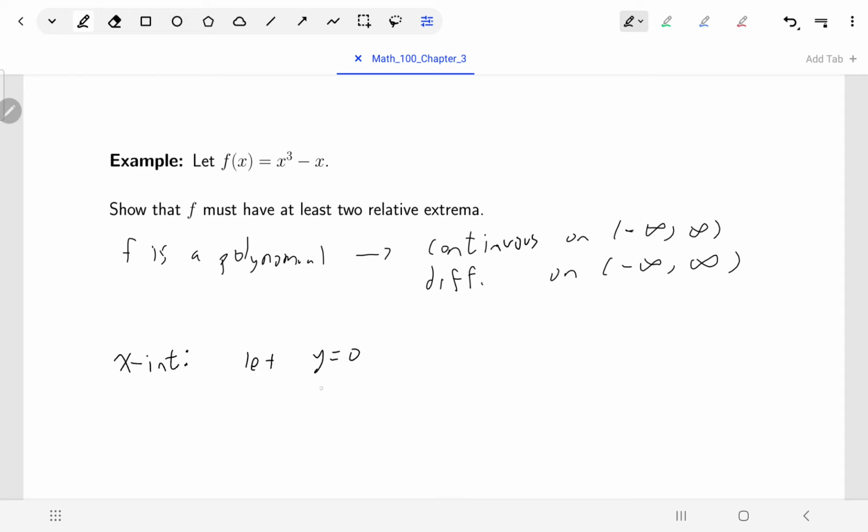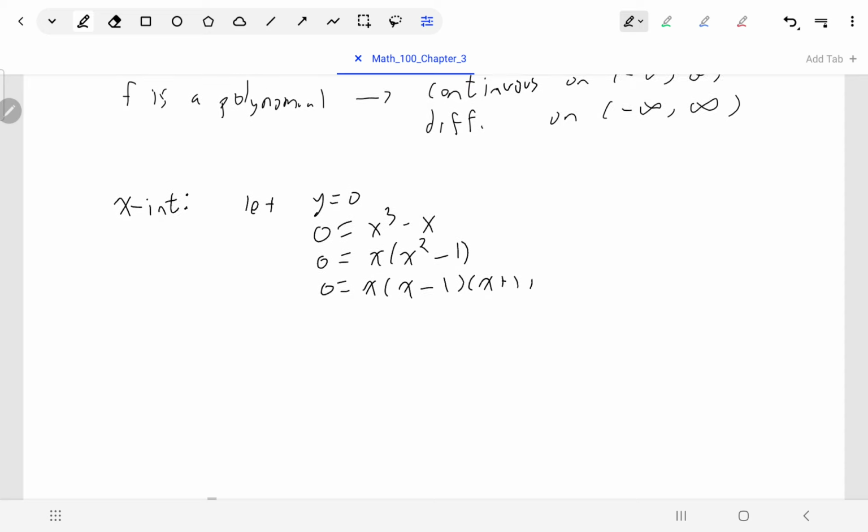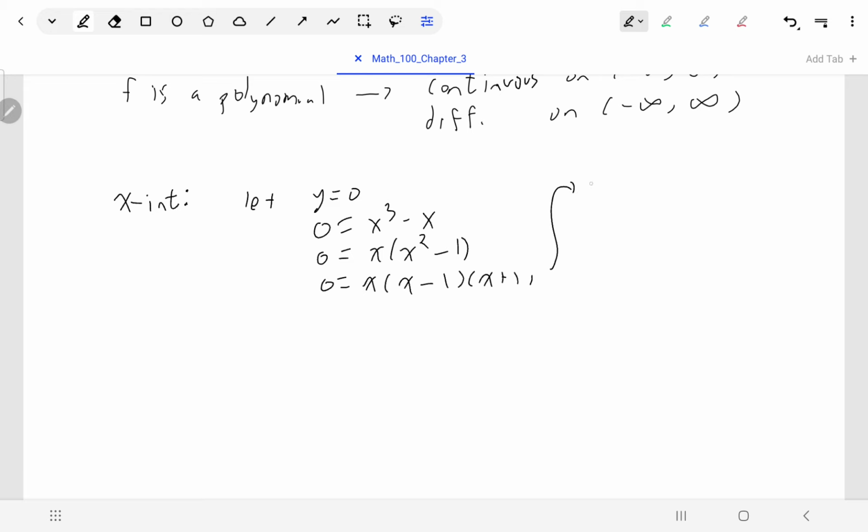When I let f of x be equal to 0, I've got x cubed minus x equal to 0. And that factors really nicely. We can say it factors as x times x squared minus 1, or x times x minus 1 times x plus 1. So we know that we've got x-intercepts at x equals -1, 0, and +1.